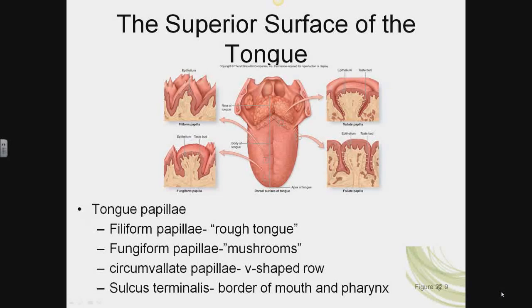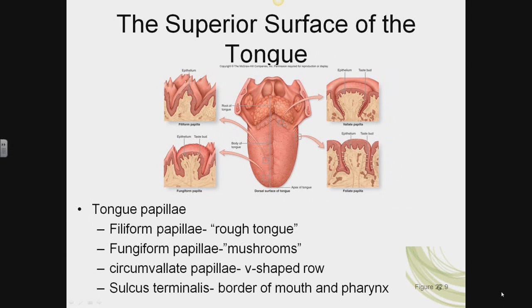The tongue also performs the initial acts for swallowing, and the tongue attaches to the floor of the oral cavity, as you learned, by a thin vertical mucous membrane called the lingual frenulum. In addition, the posterior surface of the tongue also contains lingual tonsils that are comprised of mucosal associated lymphoid tissue.